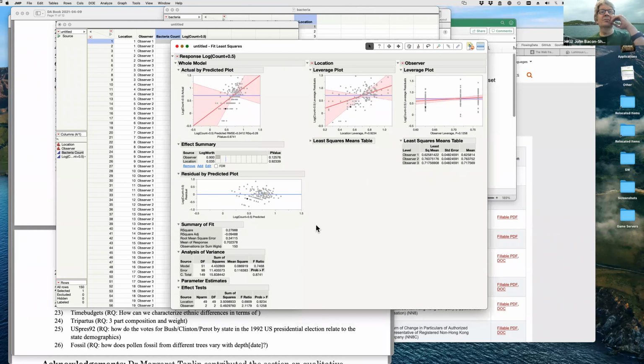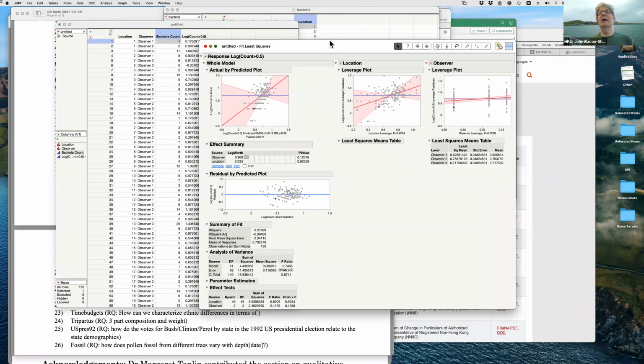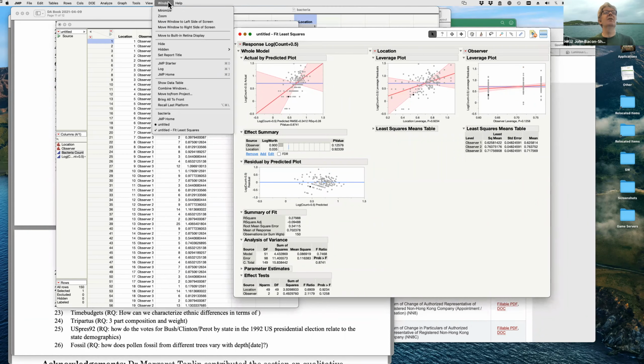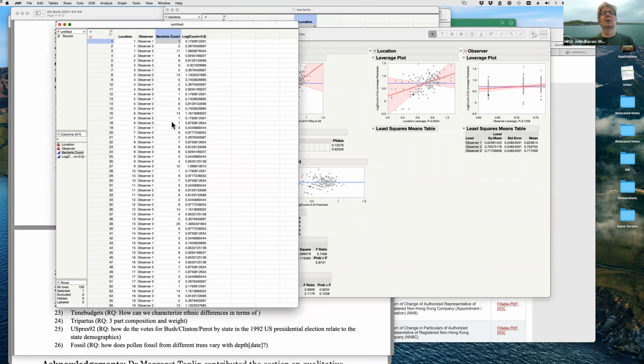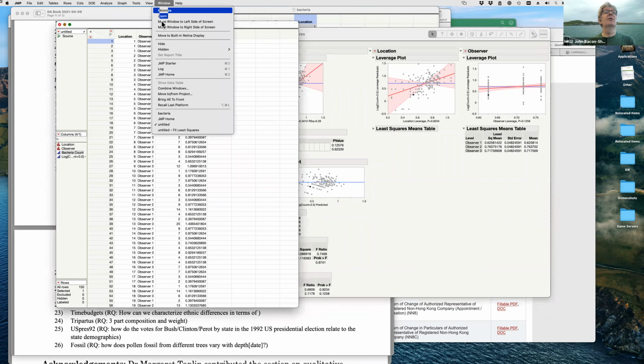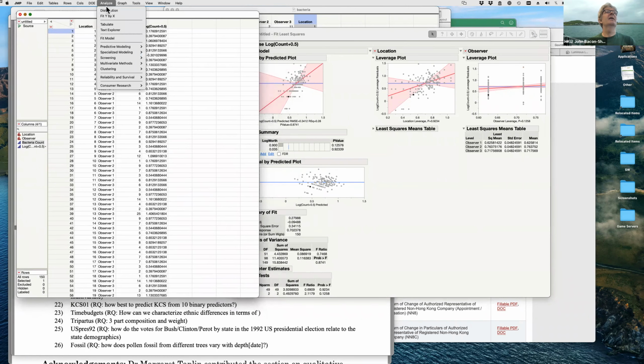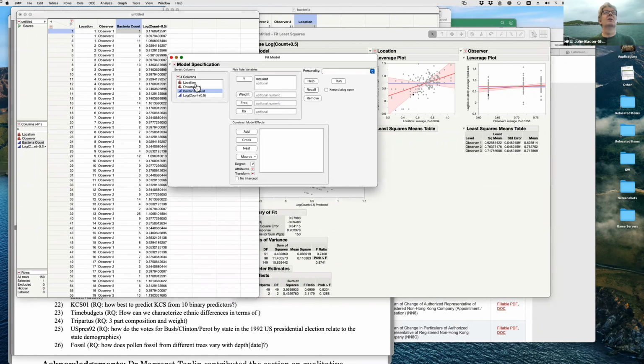So this doesn't actually change our conclusions, but this is actually a much more reasonable thing to do because the variability should be now much closer to being constant. Let me just compare that to the previous one. Oh, I closed the previous one, did I? Okay, let's compare that to fitting the model on the original raw data.